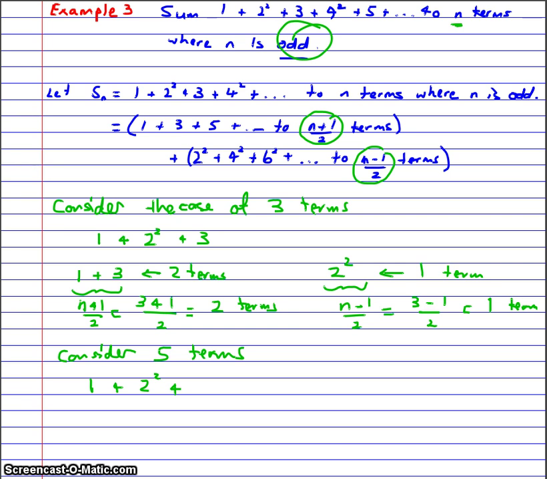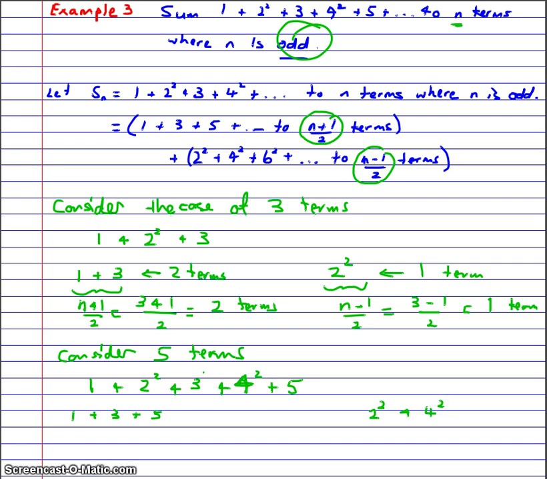So it's 1 plus 2 squared plus 3 plus 4 squared plus 5. That's 5 terms. The series we have is 1 plus 3 plus 5, and the other is 2 squared plus 4 squared.